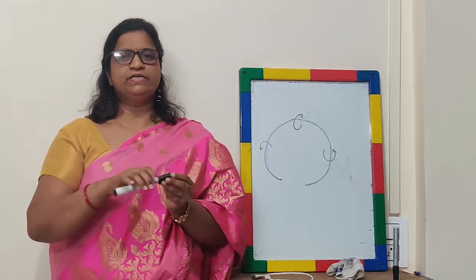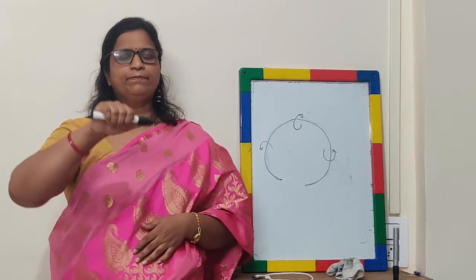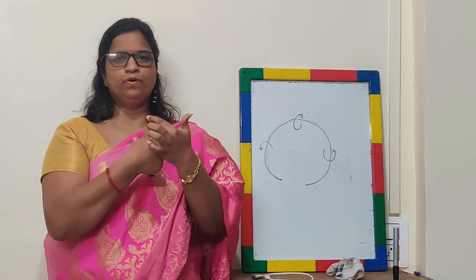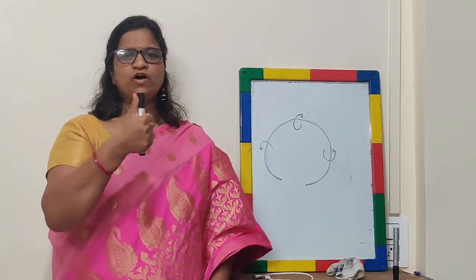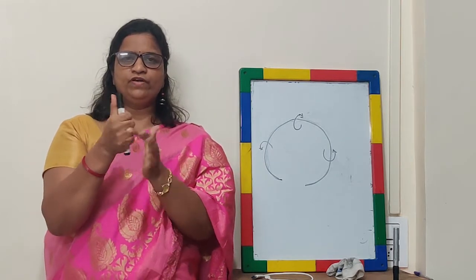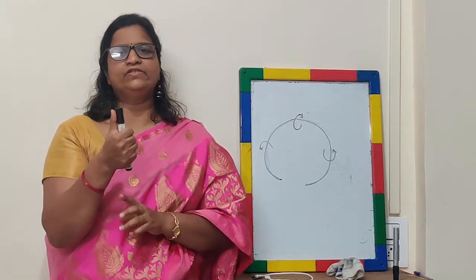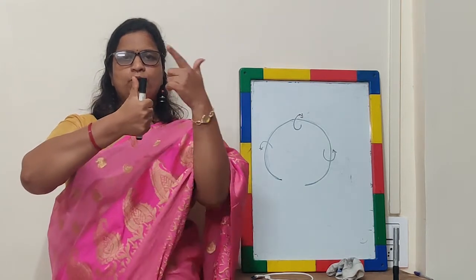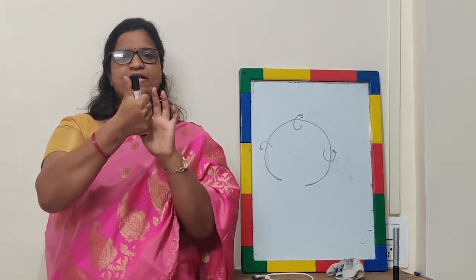Suppose there is one conductor and you are holding the conductor in your right hand like this, and the thumb will show the direction of current. All other 4 fingers will show the direction of magnetic field. So if the current is flowing from bottom to upward direction, then this is the direction of current.